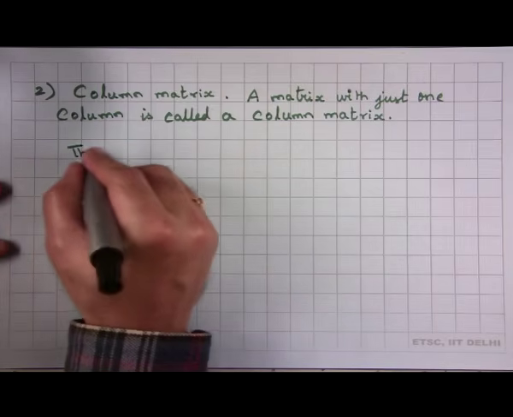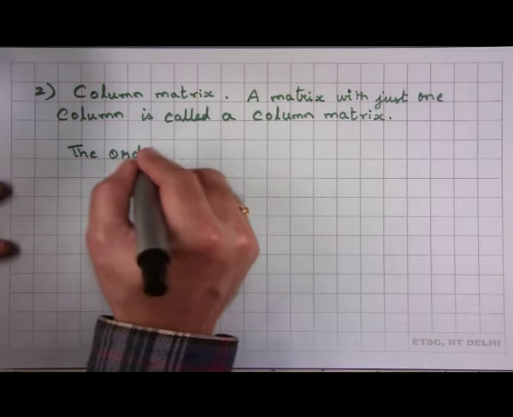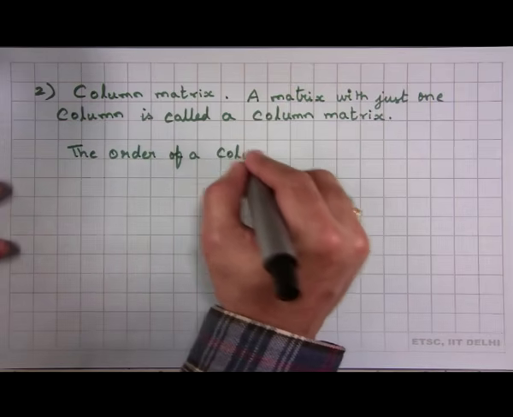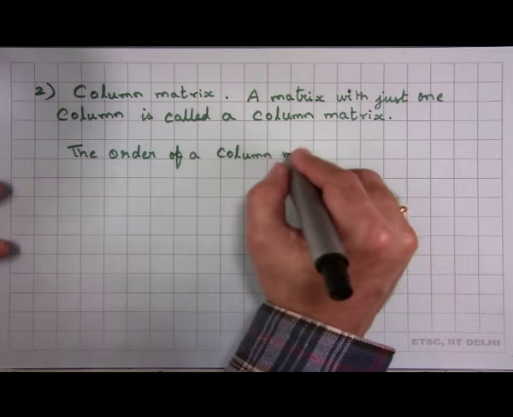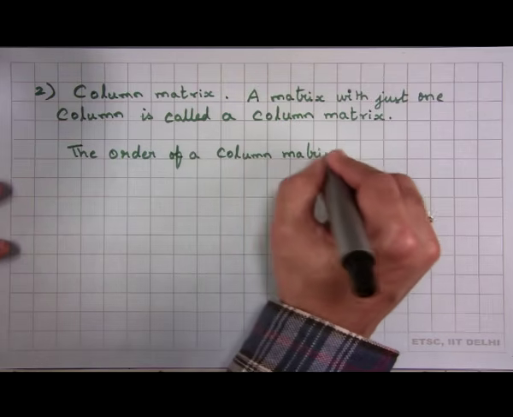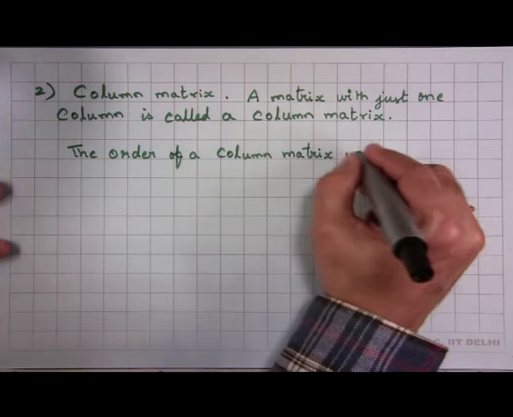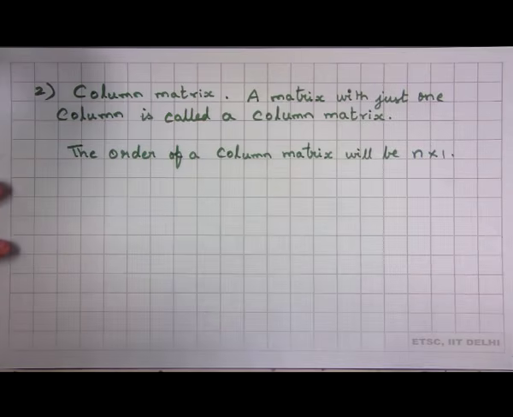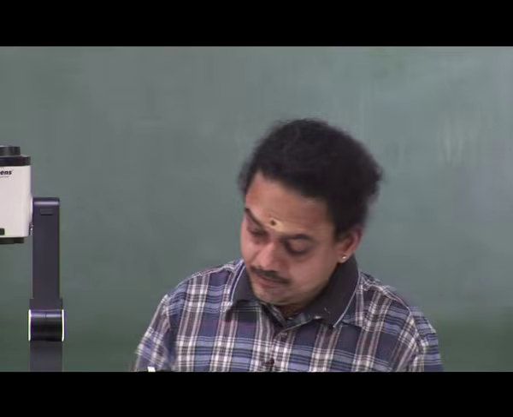So, the order of a column matrix will be n by 1, where n denotes the number of elements in that column.